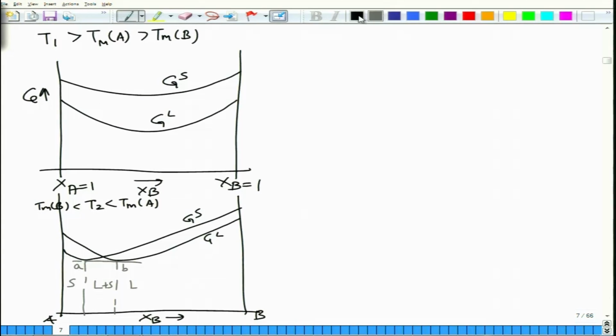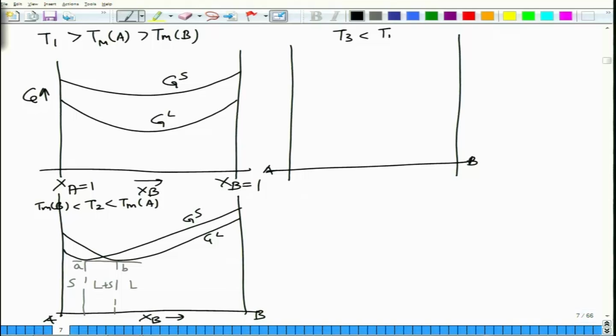Now you come to another temperature. A, B, and this temperature is T3, which is lower than Tm of B. So what you have is a situation like this, you have free energy, not very neat. So this is GL. I will draw the solid phase a little differently.